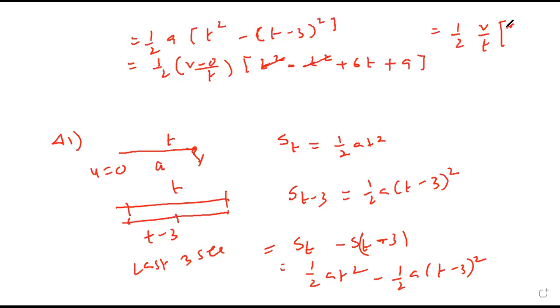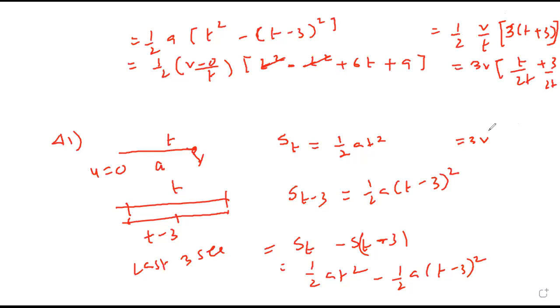You can take 3 common, t plus 3. Let me check in which format they want. Taking 3v common in each, I take 3v common and put 2t inside, this is t upon 2t plus 3 upon 2t.